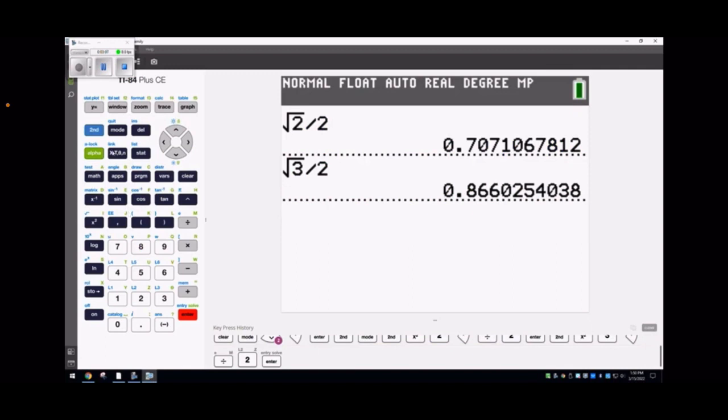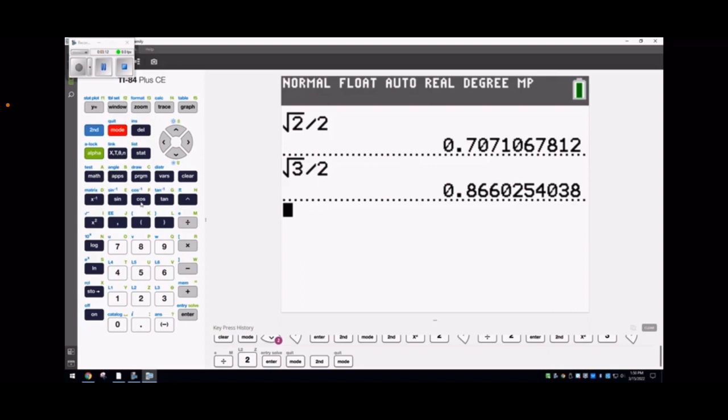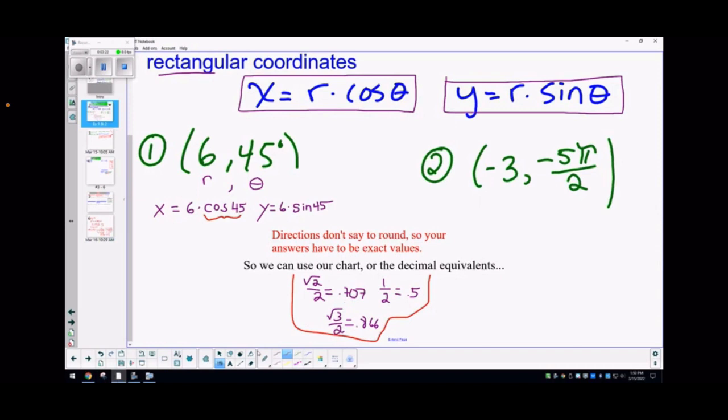So what we're going to do is now type in, first make sure your calculator is in degree mode, and I'm going to just type in cosine 45, and you notice that I get 0.707. Notice I did not type in the 6. So the 6 we'll bring down, and I'm just jotting down that cosine of 45 was 0.707.